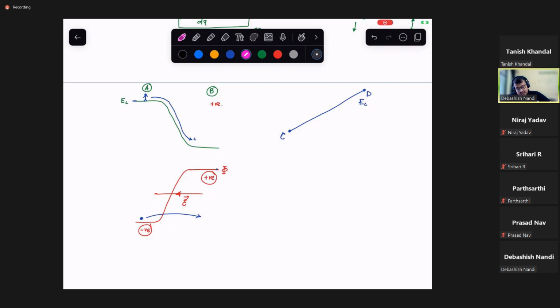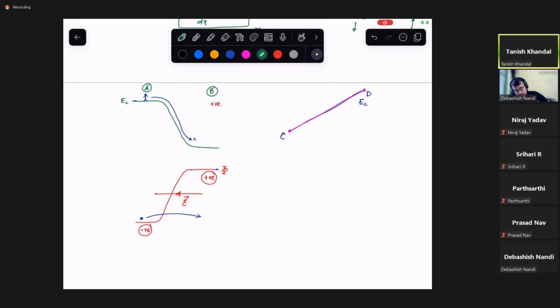So if you have 2 points C and D in the silicon block, and this is your EC profile or conduction band profile, which you can get from the band diagram, can you tell me what the direction of electric field is, right to left or left to right? It will be C to D. And how do you tell that? What is the logic behind it?